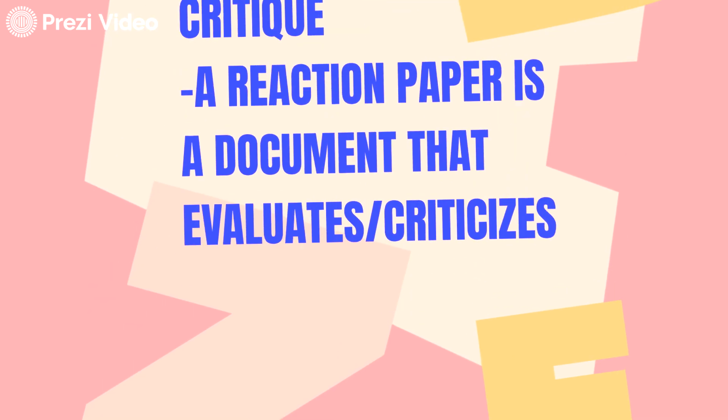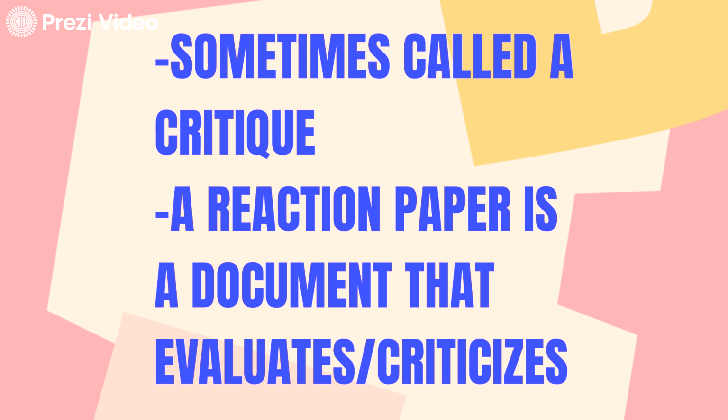Now, many people understand that a reaction paper, first and foremost, is also sometimes called a critique, and that generally a reaction paper is a document that evaluates or criticizes. Now, what does it evaluate or criticize? A reaction paper may evaluate another research paper, okay, or an academic text.